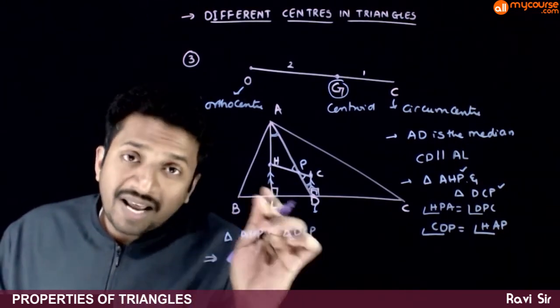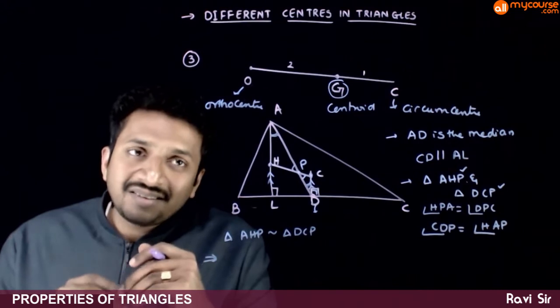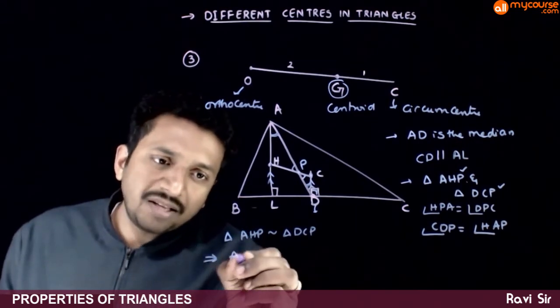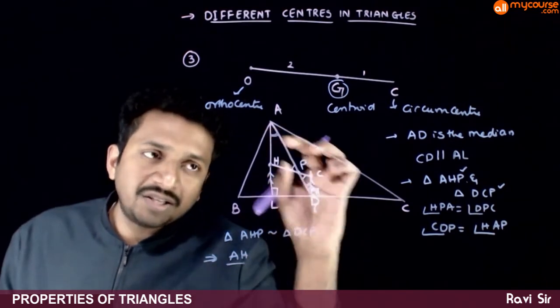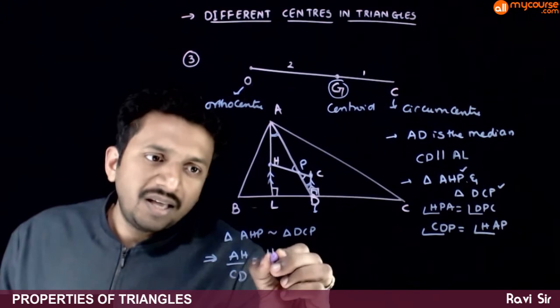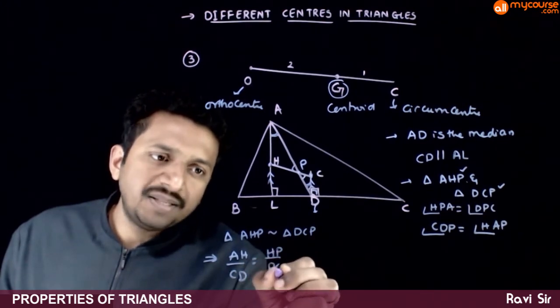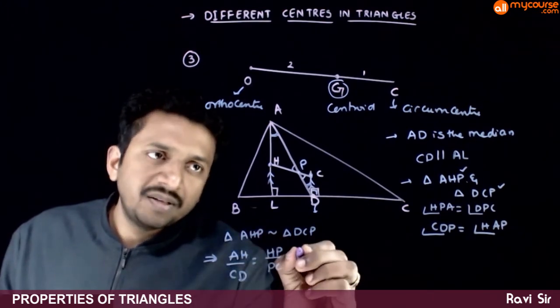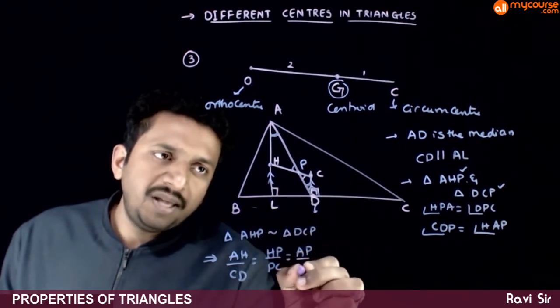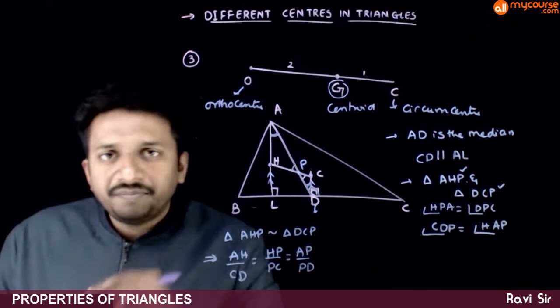And once the triangles are similar, the ratio of the sides is constant. So AH by CD is equal to HP by PC, which is equal to AP by PD.